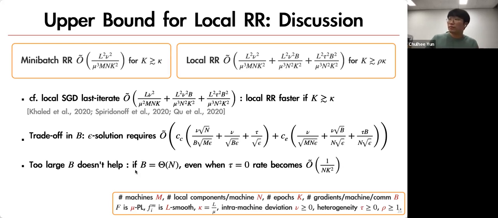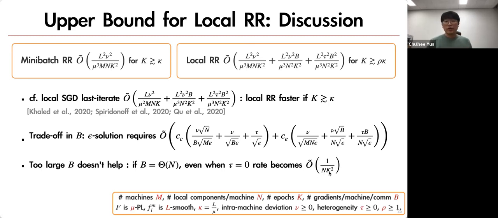For example, if B is equal to N, then if you plug in B equal to N, even in the case where tau is 0, which corresponds to the homogeneous case, the rate of convergence becomes 1 over nk squared.